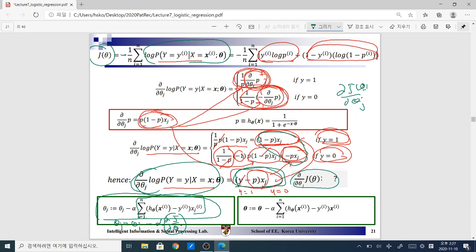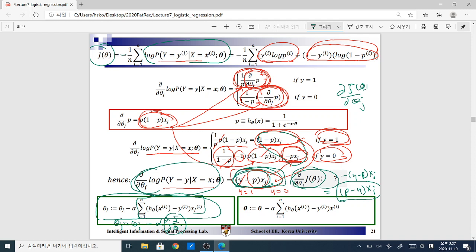So to put that into this partial derivative of the error function with respect to theta sub j, we have to actually put a negative sign there. So this is going to be negative of y minus p x of j, or you can switch it around and say that's going to be p minus y x of j. Okay, all right. So this is what we have.